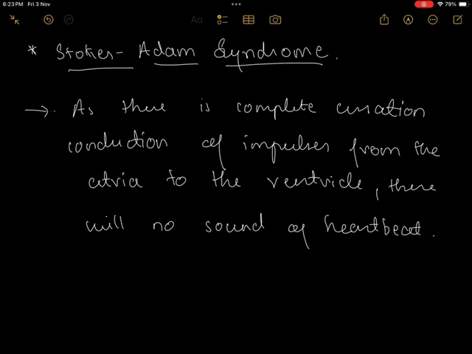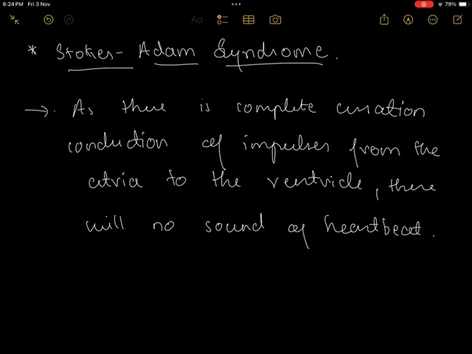even if there is conduction from the sinoatrial node, the pacemaker of our heart, even if there are chances of conduction of impulses from the SA node to the AV node, as we have discussed, it has an adaptation that delays the conduction of impulses from the AV node to the bundle of His for about 0.1 second.